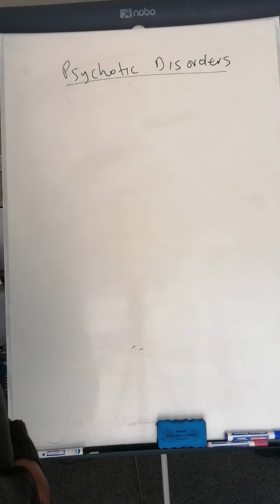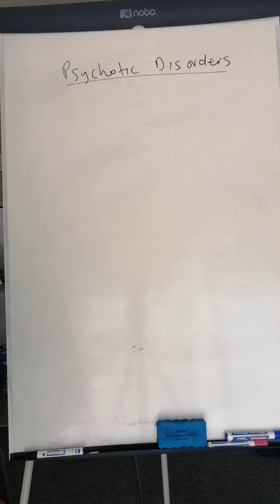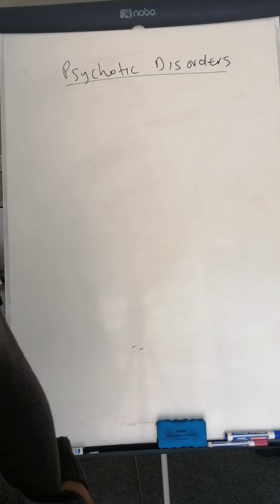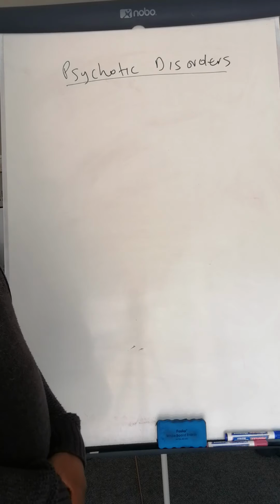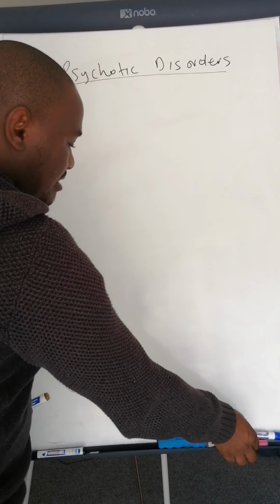So guys, what I'm gonna advise you to do to make psychiatry simpler, I would advise you to study signs and symptoms according to umbrellas. When I say umbrella, this is what I mean.